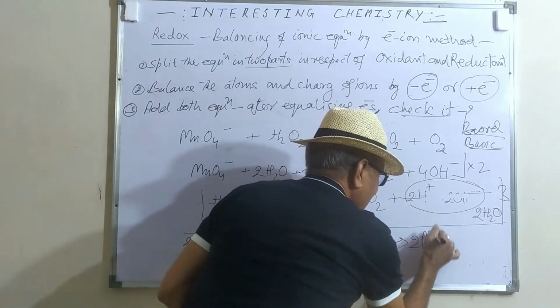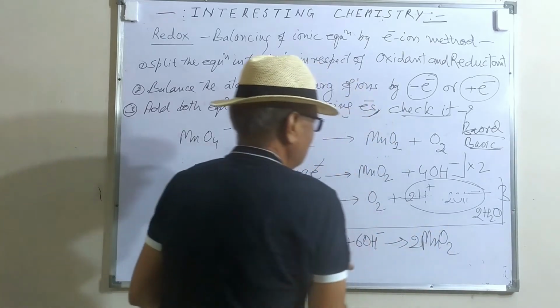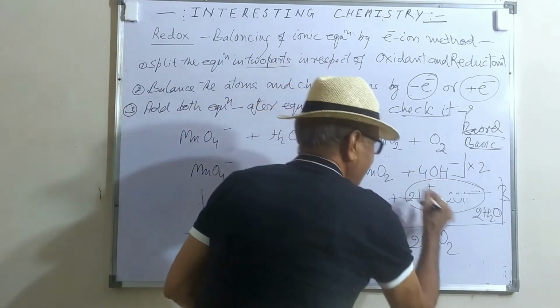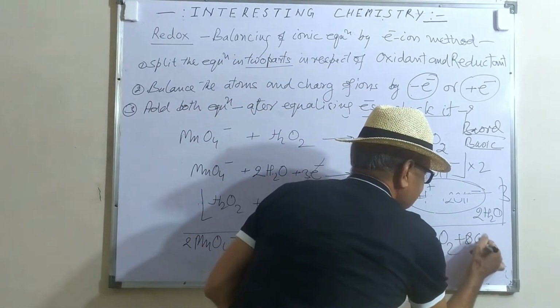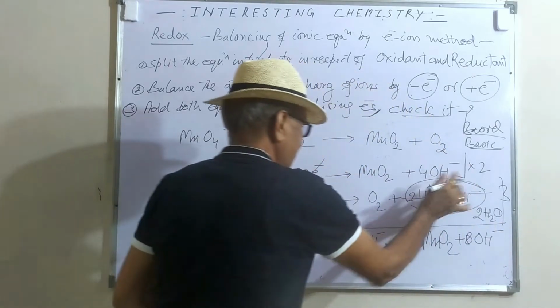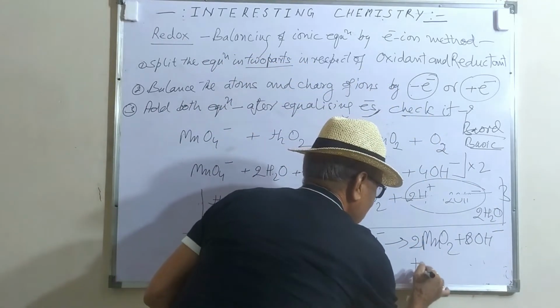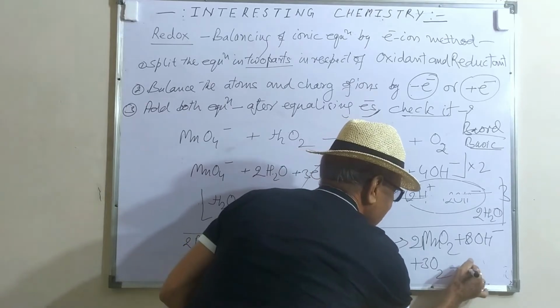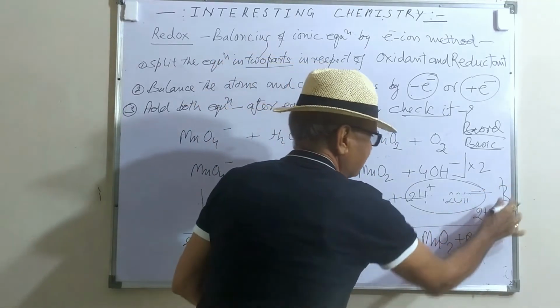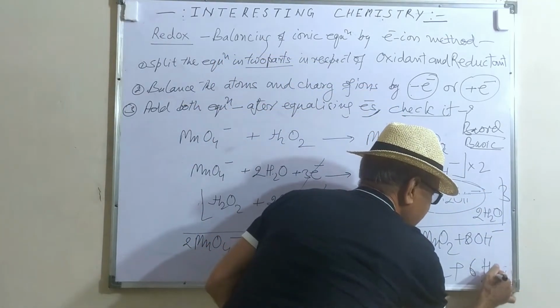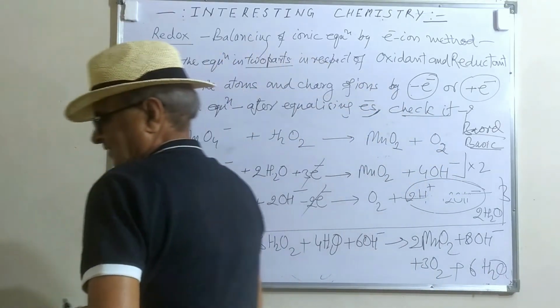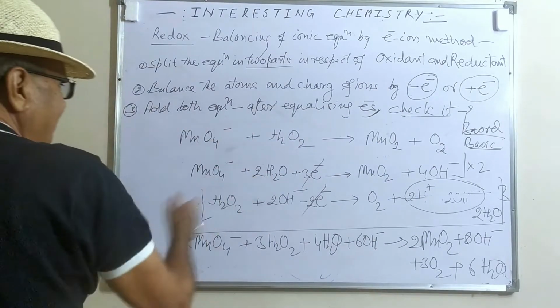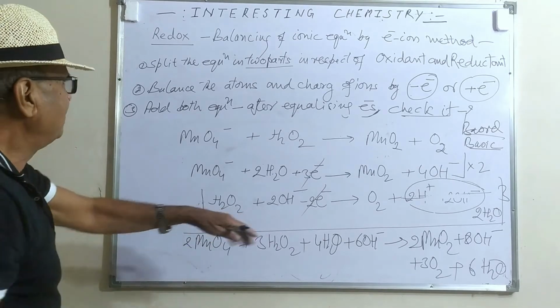On the right, 2MnO2 plus 8OH- plus 3O2 plus 3 into 2, 6H2O. This is how you have totalled it in this form.